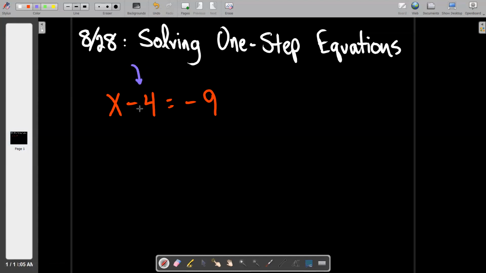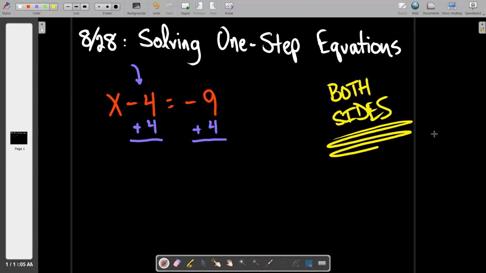With a +4. Right. So we're getting rid of a -4. And what we're going to do is put a little +4 underneath it, head to the other side of the equal sign and put a +4 underneath there. It is important when you solve equations that whatever it is you're doing, you understand that you're doing that to both sides of the equal sign.